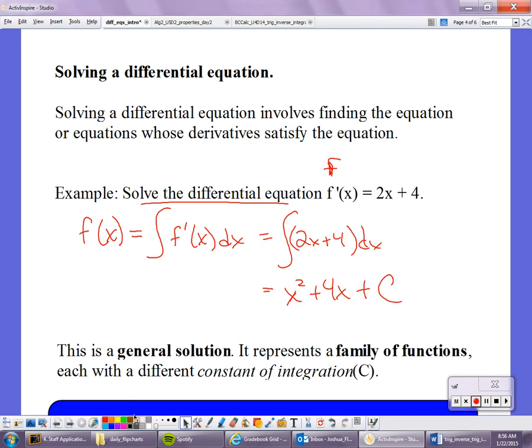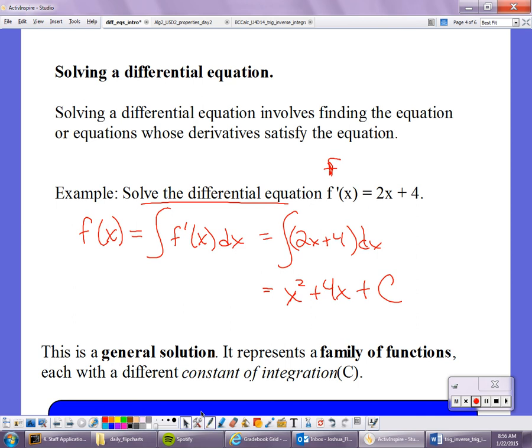It's called a general solution because x squared plus 4x plus c represents a family of functions, each with a different constant of integration. So there's a whole bunch of different functions, x squared plus 4x plus 5, x squared plus 4x minus 13, or whatever, represented by that family.